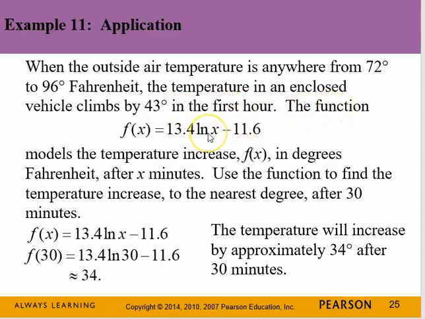Based on that, what would the difference be to the nearest degree after 30 minutes? So x is after 30 minutes, so where the x is, we put the 30 minutes. Put this function into your calculator and see if you get 34.